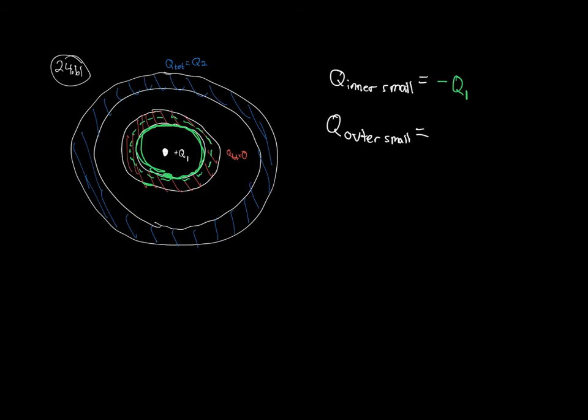So let's write this a little bit differently. Q total for the small shell has to be 0. Q total for the small shell is equal to Q inner from the small plus Q outer from the small.